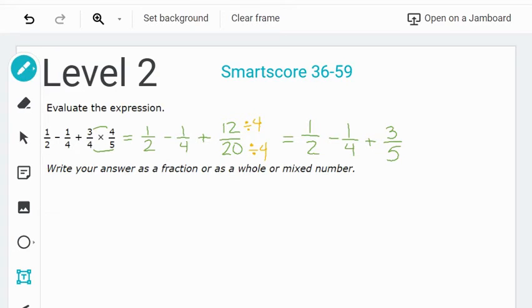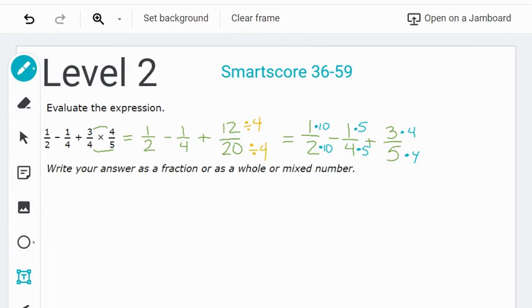It is nice to do so, but it's not required. But the least common denominator here would be 20, because for all of these, you can find a number that multiplies it to get 20. So with 2, that's 10. With 4, that would be 5. And with 5, that would be 4.